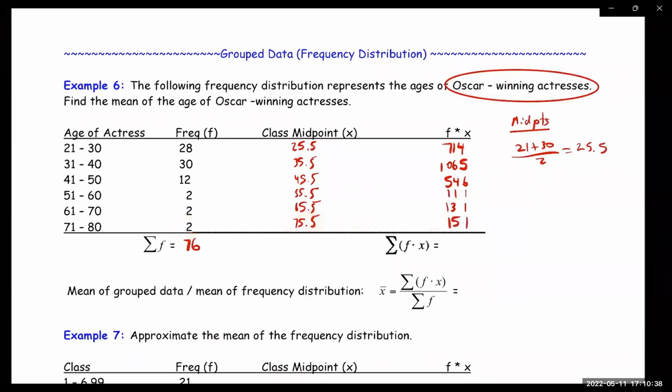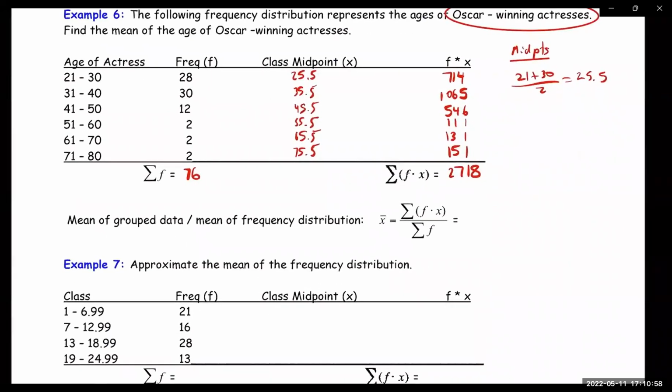All right. And now they want us to add up this column. So if you add them all up, you're going to get 2718. I just added all these numbers together. And then the formula for the mean of group data is going to be this divided by this.